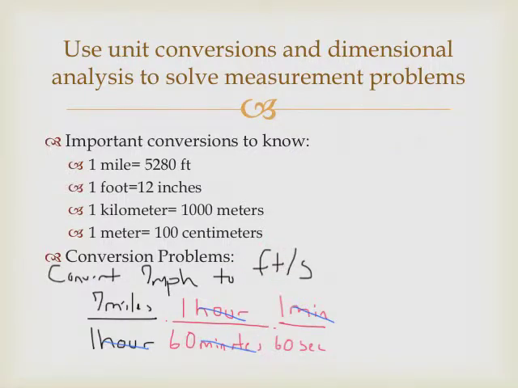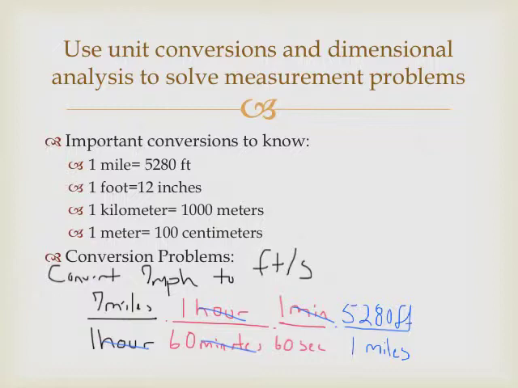So I also have to multiply by something to get rid of the miles. If I have miles in the numerator, I'm going to want to multiply with miles in the denominator, and those are going to reduce. I know that 1 mile is equivalent to 5,280 feet.